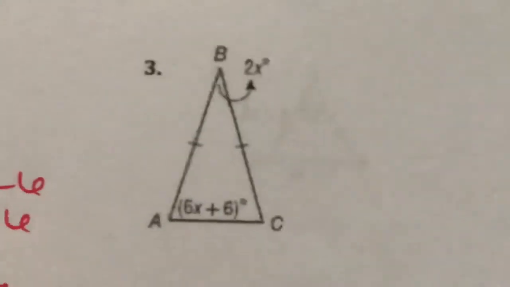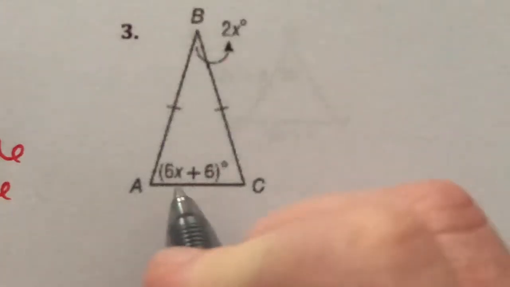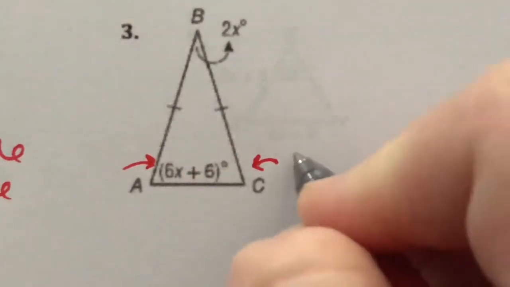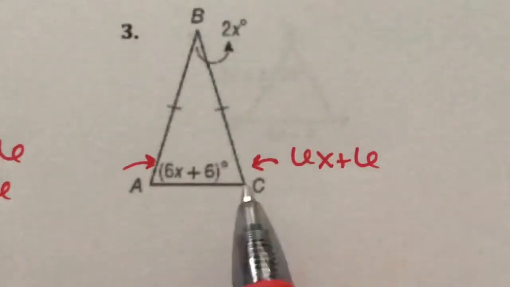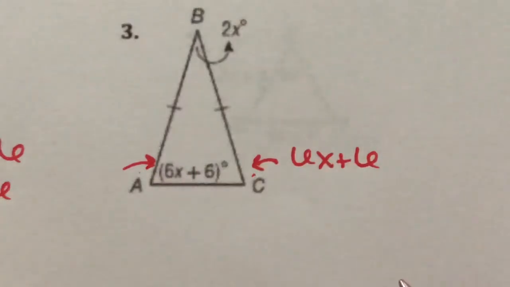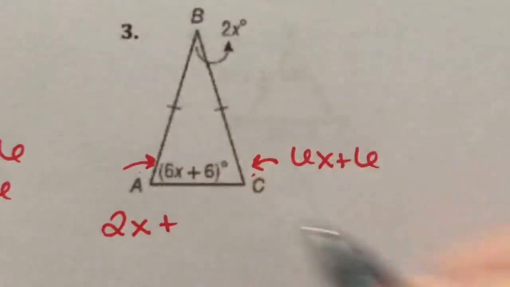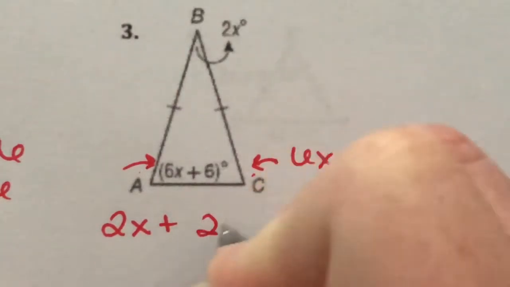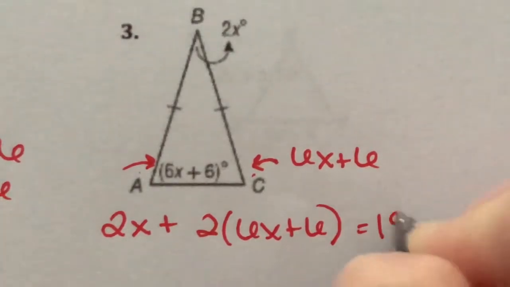And number 3, again, pause it and try it on your own. I know this angle down here, angle A, is the same as angle G. And we have 2x up here, and I know all three of these add up to 180. So I'm going to say 2x plus, and instead of writing this all out twice, I'm just going to multiply it by 2. And set it equal to 180.